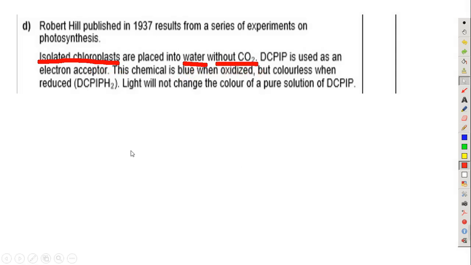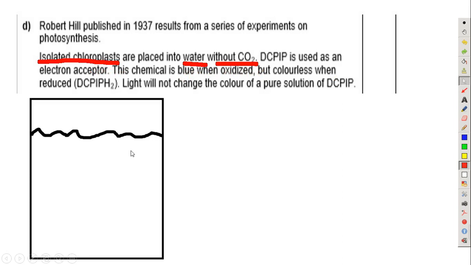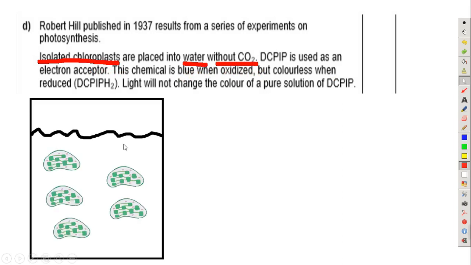Basically we're going to have a broth with isolated chloroplasts. So let's add a few chloroplasts into this. You may want to add onions and carrots for taste, but that's not going to help our experiment at all, so we're going to keep just chloroplasts.